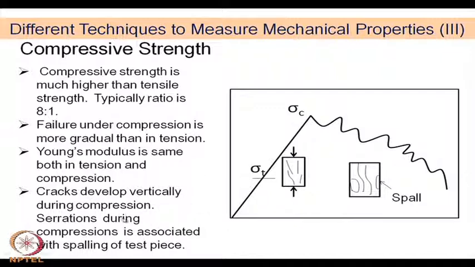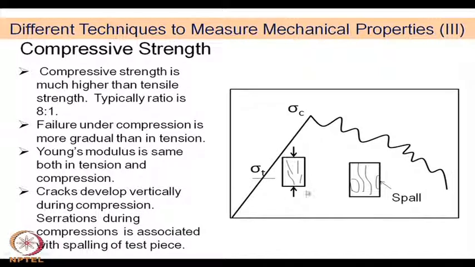Cracks develop vertically during compression, and serrations during compression are associated with spalling of the test piece. This has been discussed already: it is a more gradual permanent deformation, but it is not a smooth curve, there are serrations there.